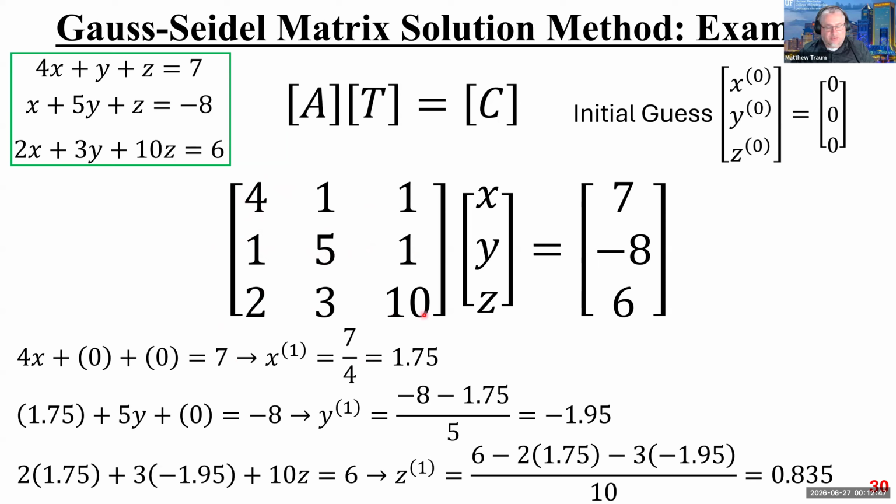The highest number in this row is 10. There's the diagonal. That's good. So step 1 has been accomplished just basically in the way that these equations were written. But you could always swap rows. A row that has a low leading value, you might swap with a row that has a high leading value in order to get a high leading value up at the top here so that your convergence happens faster.